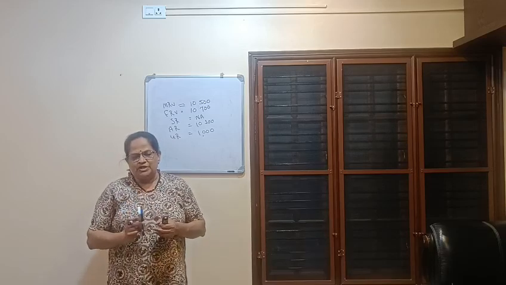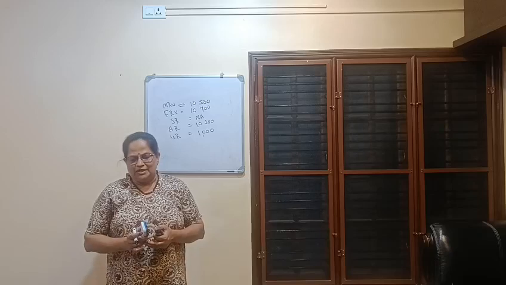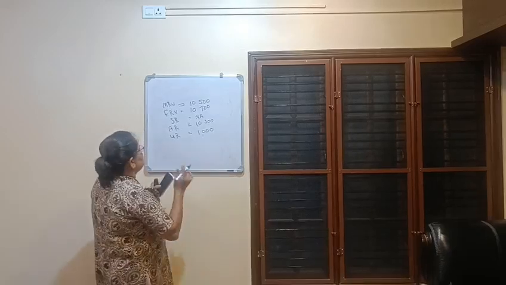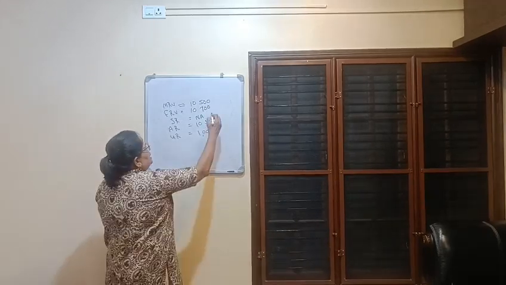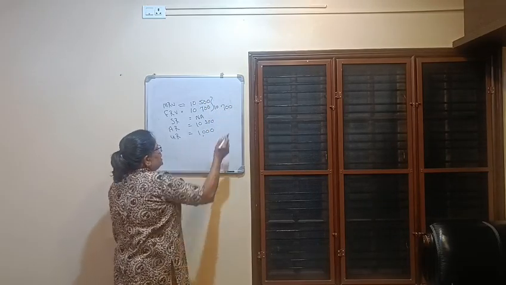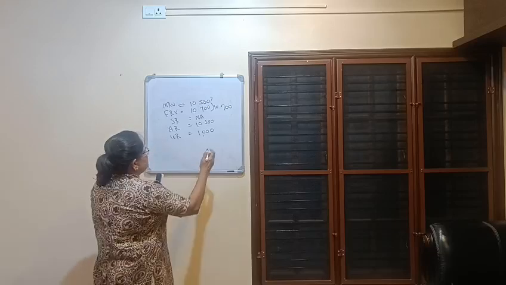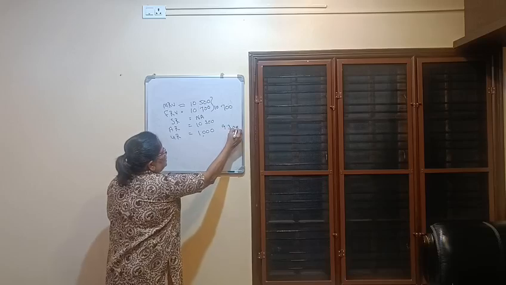Say 5 situations are explained. One situation I will explain. The same way you can calculate. So here you have to remember expected rental value. Standard rent is not there. So 10,700, whichever the higher value available. Now actual rent received, meaning annual rent minus 1000, is 9,300.